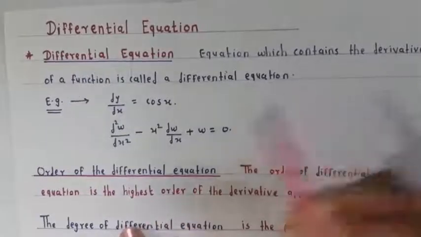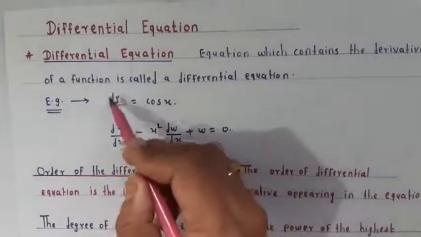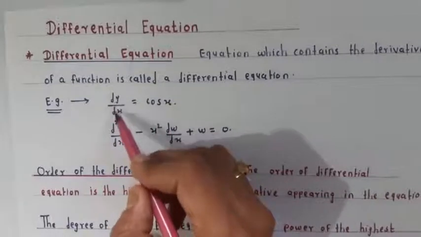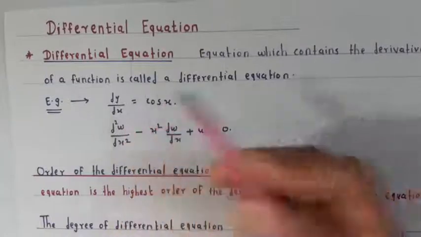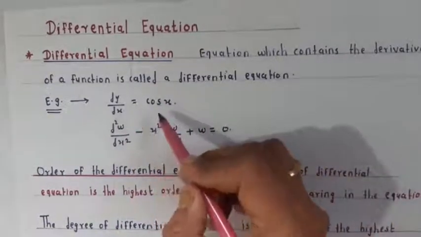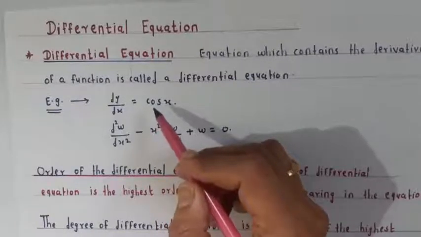For example, suppose dy by dx equals cos x. In this equation the derivative of a function is there, that means this equation contains the derivative of a function. Therefore it is called a differential equation.